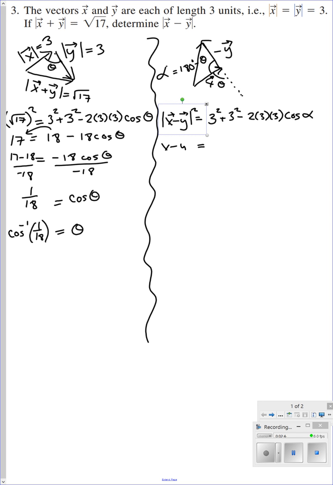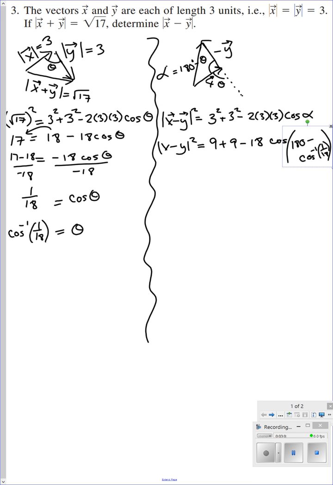So x minus y squared is equal to 9 plus 9 minus 18 cos alpha, and let me just write in there that alpha is 180 degrees minus our answer from cos inverse of 1 over 18.